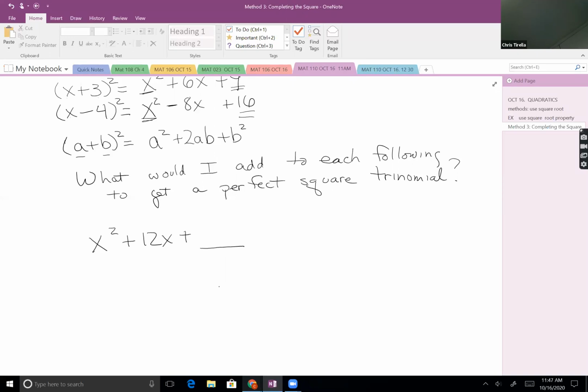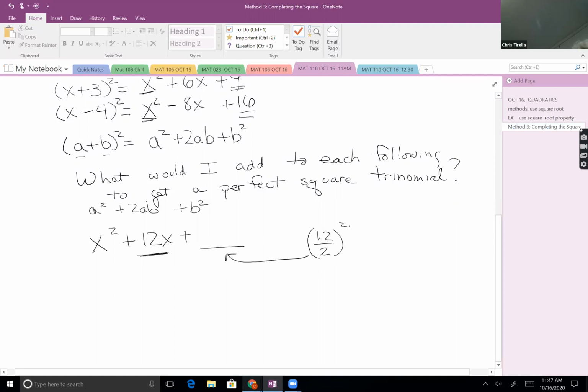When I look at that 12, if I look at it compared to a squared plus 2ab plus b squared, isn't that 12 double what I would have to square here? And so to fill in the blank here, wouldn't I take the 12, divide it by 2, and square it?